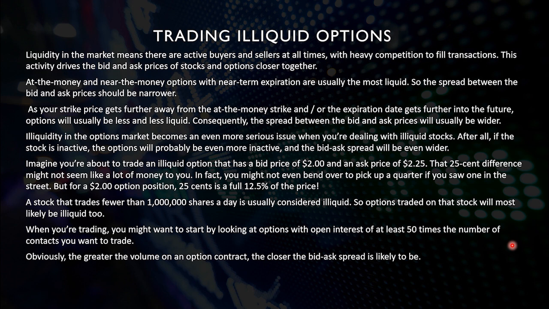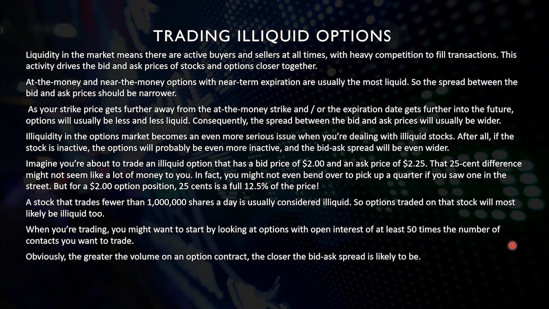At the money and near the money options with near-term expirations are usually the most liquid, so the spread between the bid-ask price should be narrower than other options traded on the same stock. As your strike price gets further away from at the money, or the expiration date gets further into the future, options will usually be less and less liquid.